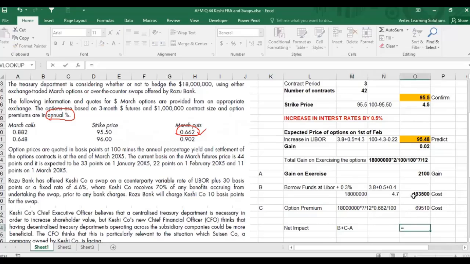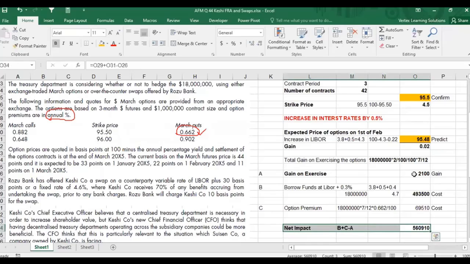B plus C minus A. This is my interest, plus this is the premium we will pay, minus this is the gain which we will make. So it gives us 560,910. This is going to be your net cost of borrowing.